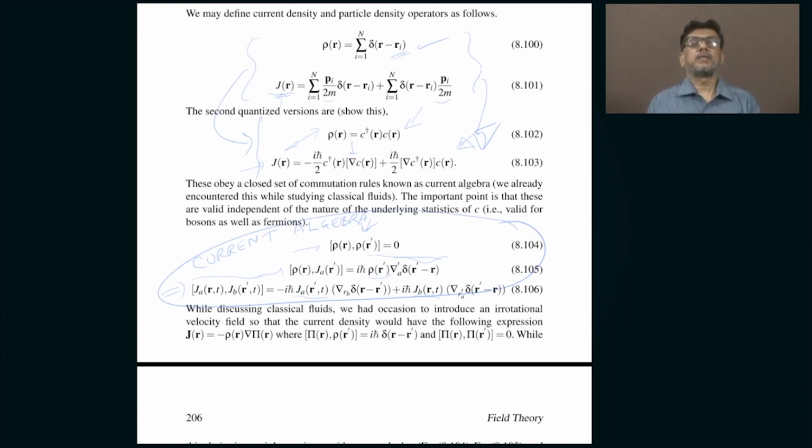But as usual, as it was in the case of classical systems, I told you that j, in both classical and quantum systems, is expressible as density times velocity. Now I am going to show you that it is possible to rewrite the velocity as the gradient of some scalar quantity whenever rho is not 0.